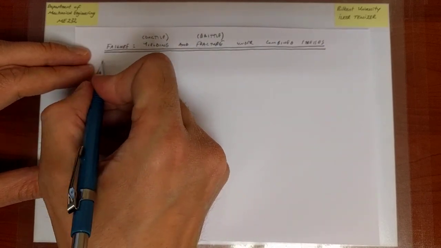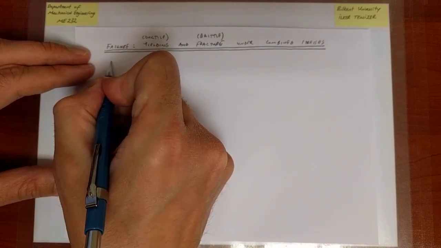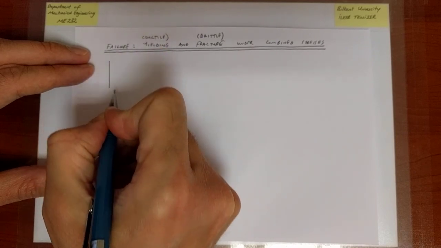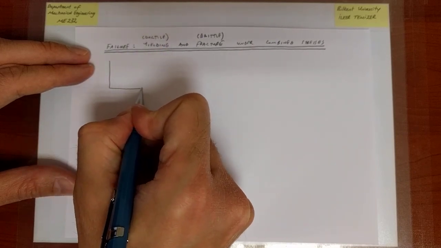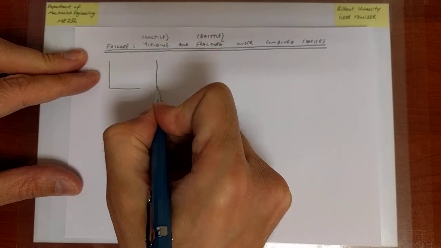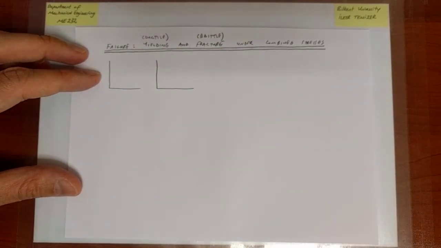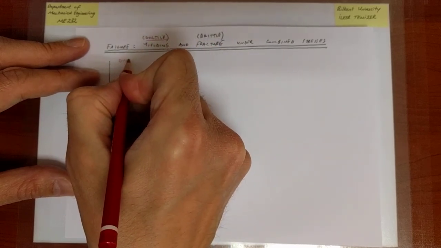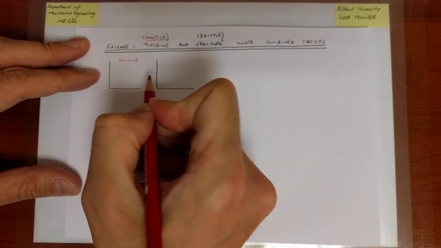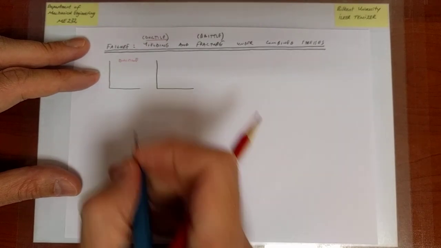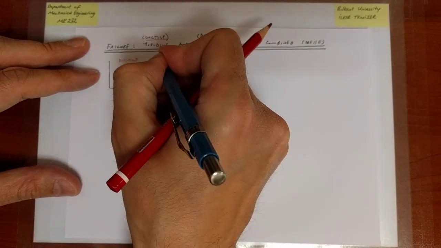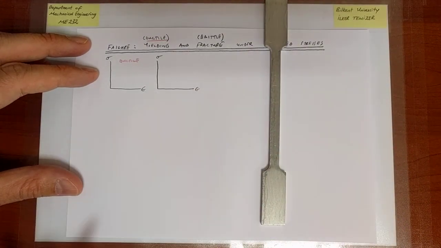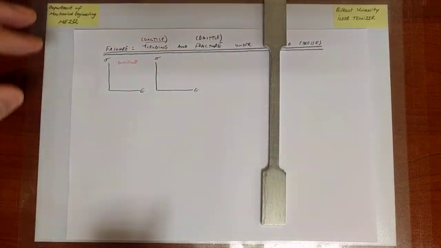So the type of qualitative stress-strain curves that are going to distinguish these two material behaviors, if it is ductile, what you expect is, in both cases, this is going to be stress, this is going to be your strain. You take your specimen and you pull on it.